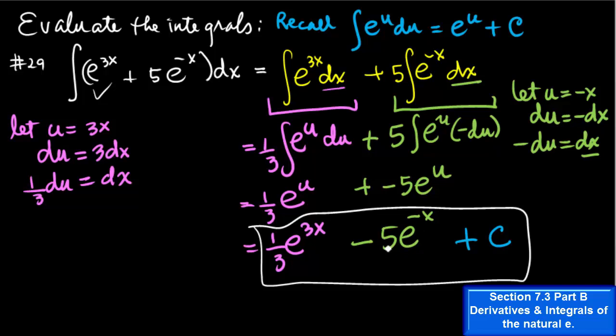It's going to be minus 5 times e to the minus x times -1, because that's the derivative of minus x. And so negative times negative becomes positive. So that took care of the plus, and you get the same integrand. That did check out that the antiderivative of number 29 is this one. Okay, let's keep going.